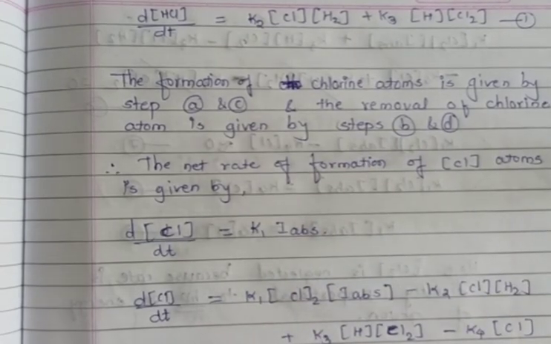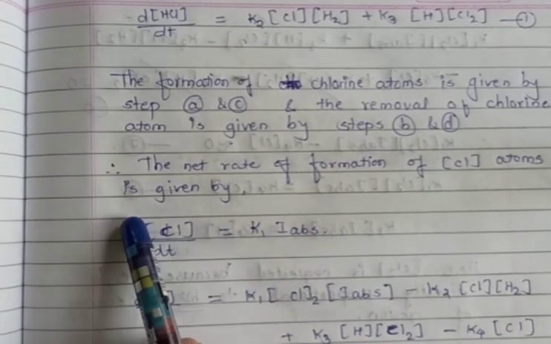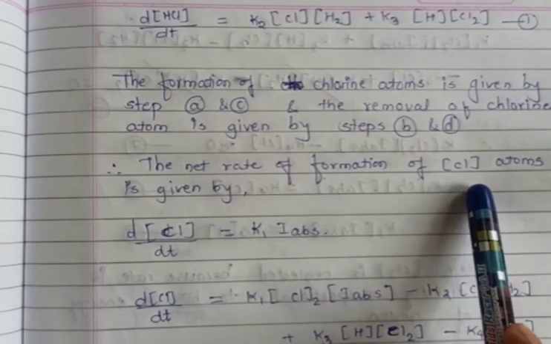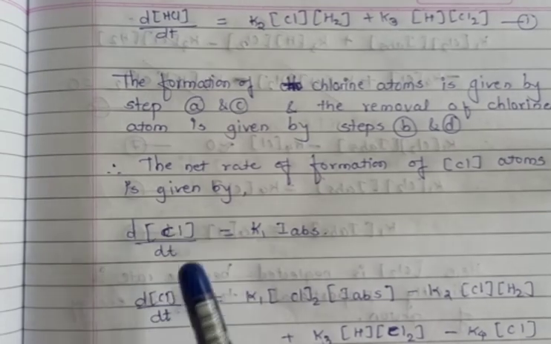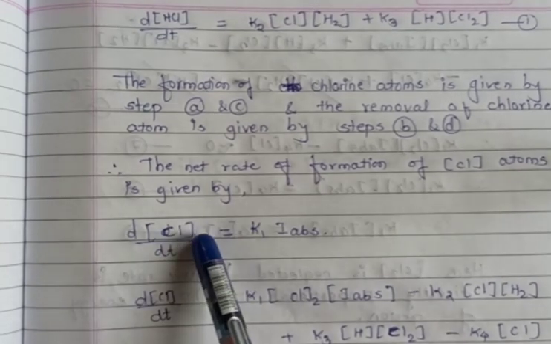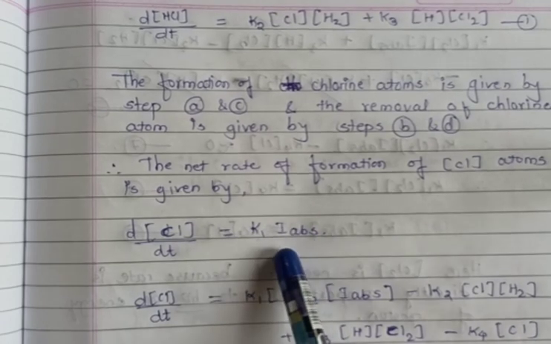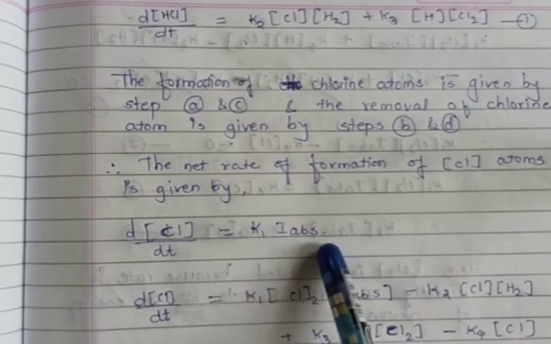So the net rate of formation of chlorine atoms is given by d[Cl]/dt is equal to K1 into I absorbed.